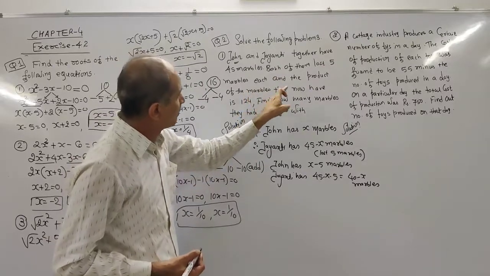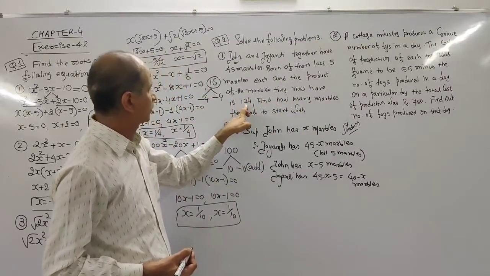And the product of the marbles they now have is 124.